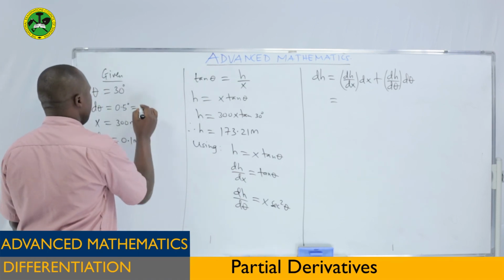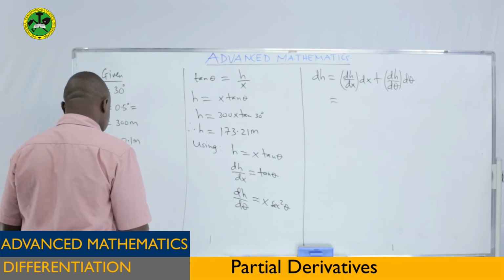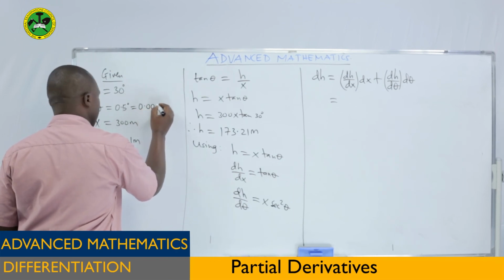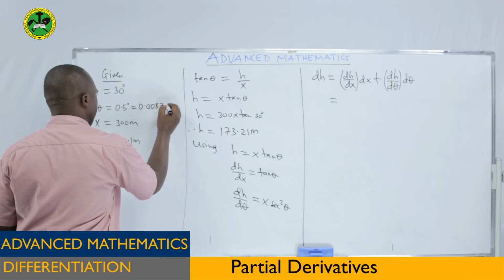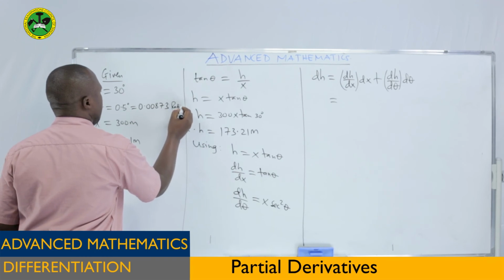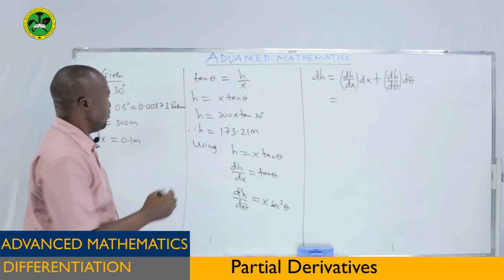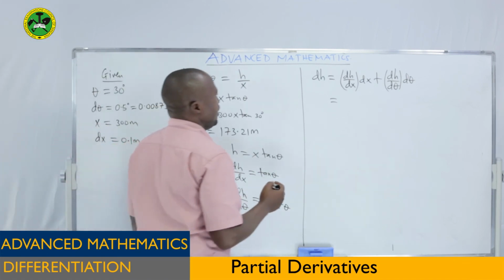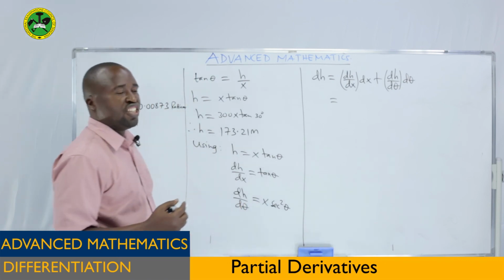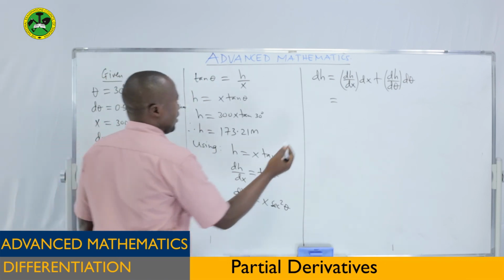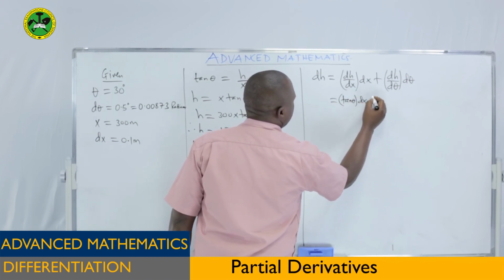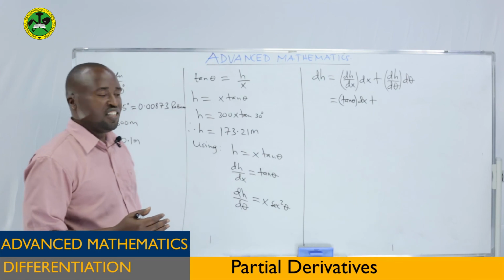In radian measure, this is equal to 0.00873 radian. So dh will be equal to dh dx, that is tan theta, times dx, plus dh d theta.